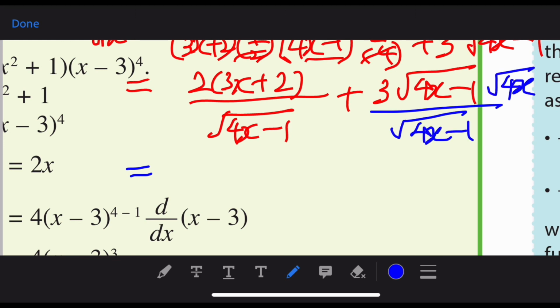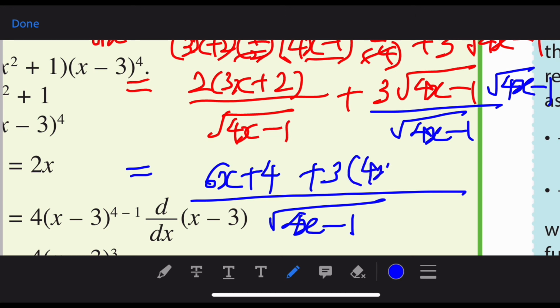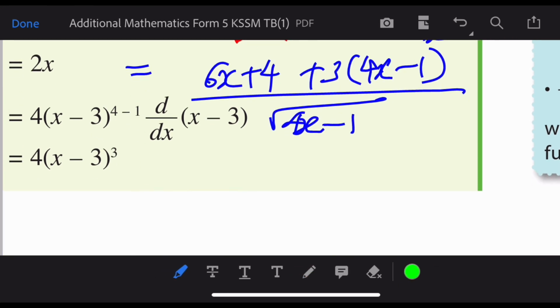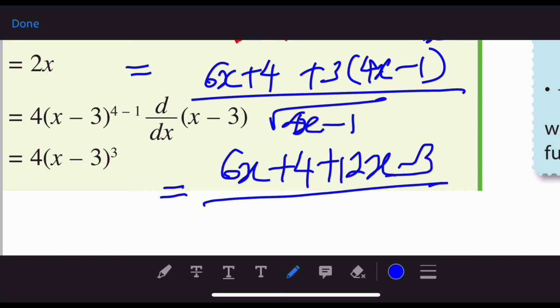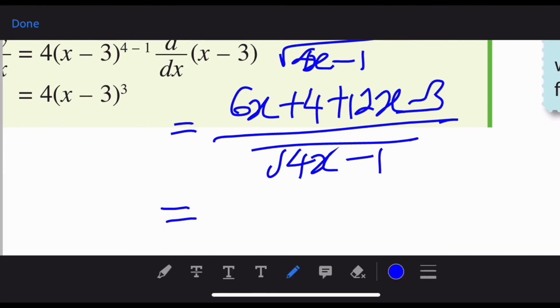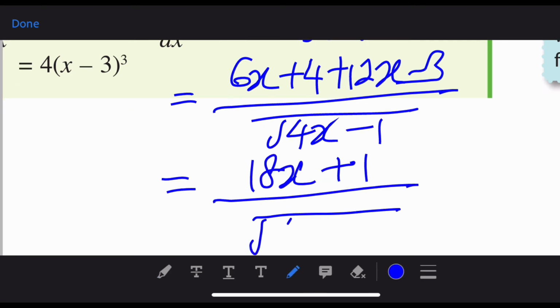Now I can join them over square root of 4x minus 1, and I will get 6x plus 4 plus 3 times the square root gone. Let's simplify further. Plus 12x minus 3 over square root of 4x minus 1. Finally, we have 18x plus 1 over square root of 4x minus 1.